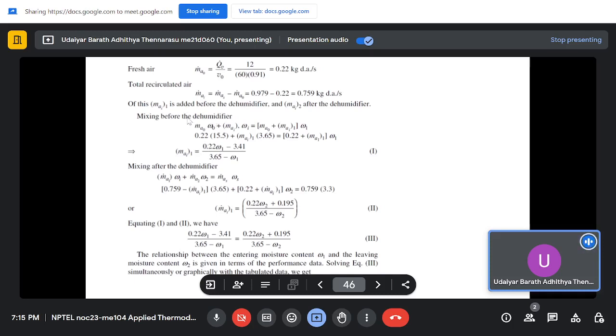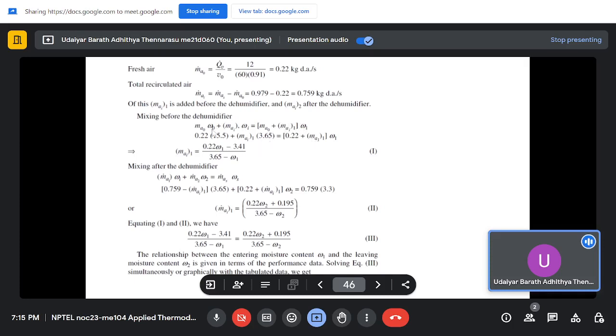So now we do mixing before dehumidifier. So m dot ao, fresh air, into specific humidity of fresh air, plus m dot ai into omega I, the recirculated air, will be equal to mass of fresh air plus mass of recirculated air into omega 1.